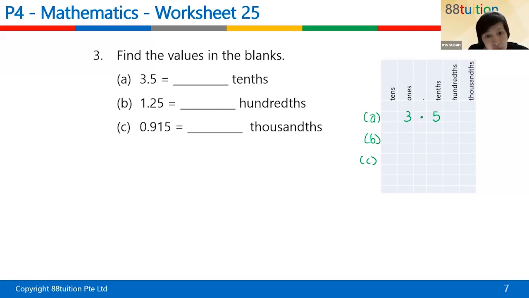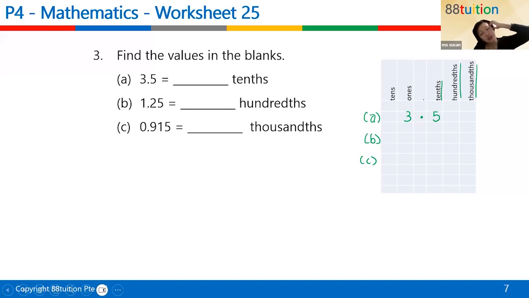Let's reply to Chloe first. Chloe has a message. Try to use the decimal chart. But for the decimal chart, you must know where to start. The chart here must always have tens, ones, tenths, hundredths, and then thousandths.